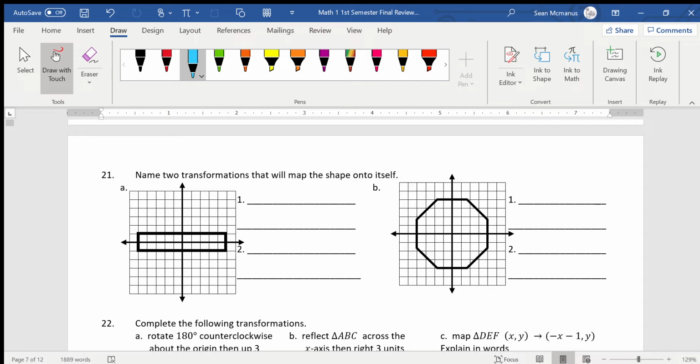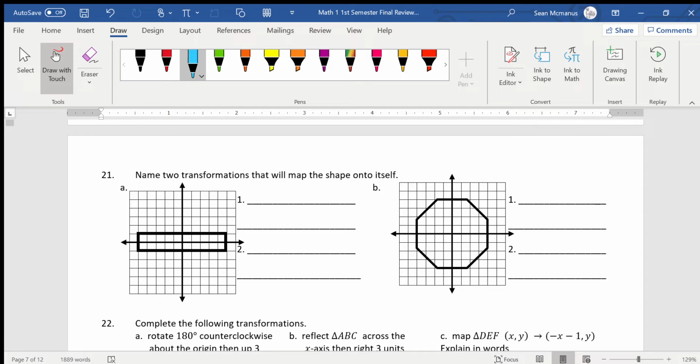So if I rotate it, if I reflect it, or if I slide it around, what's going to put it back on itself? Well, there's no way I can really slide it back onto itself unless I move it left and then back right. That's not really, I don't think, I guess I could do that. Like I move it left 2 and then right 2.